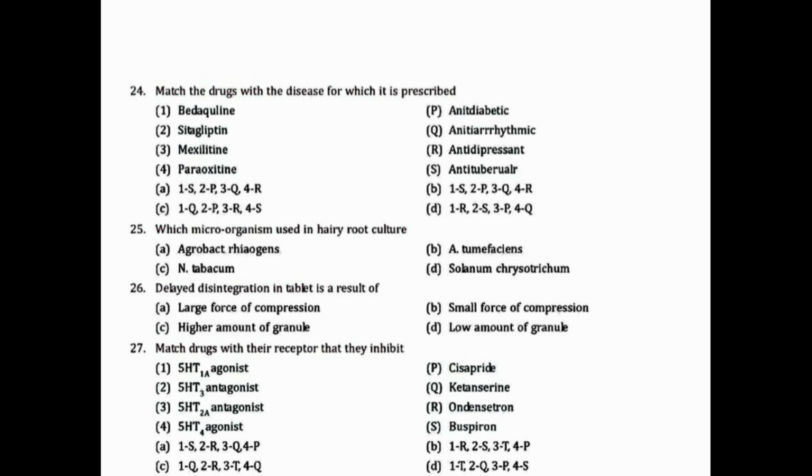So the bacteria containing the Ri plasmid can infect the plant root and cause it to produce hairy roots. So that particular Agrobacterium rhizogenes is used. Option A is the correct answer.